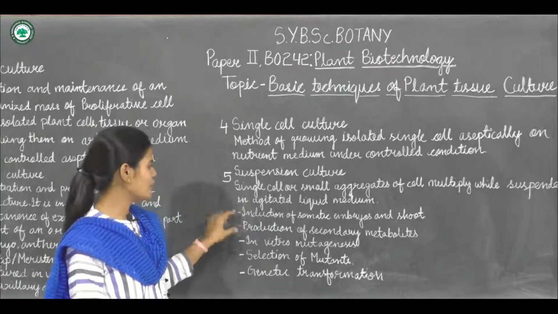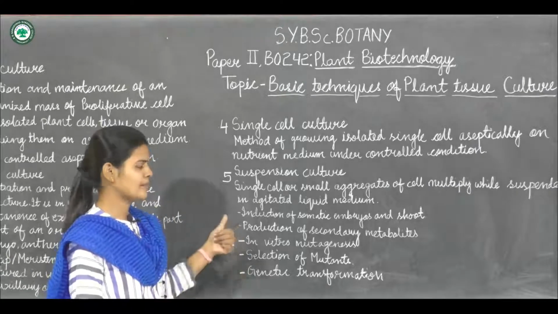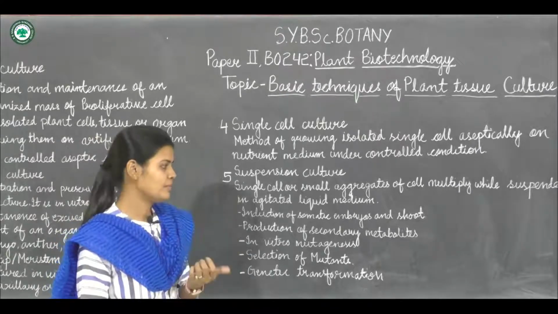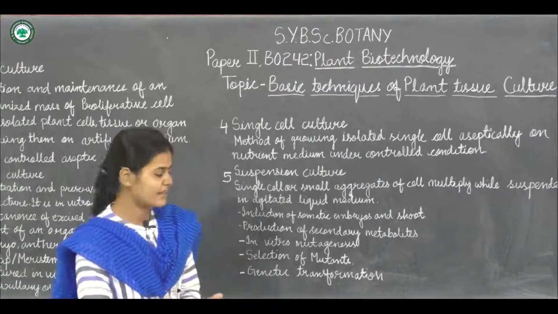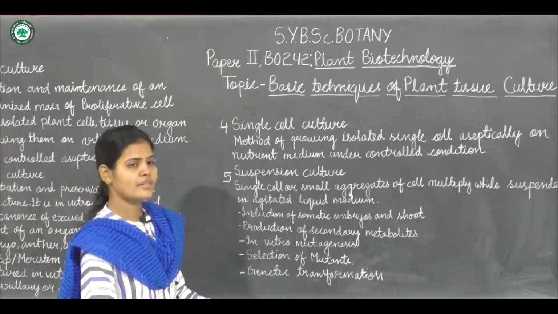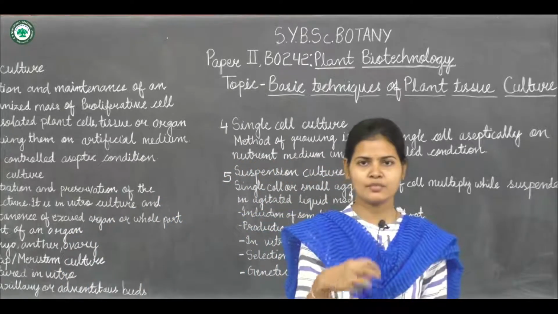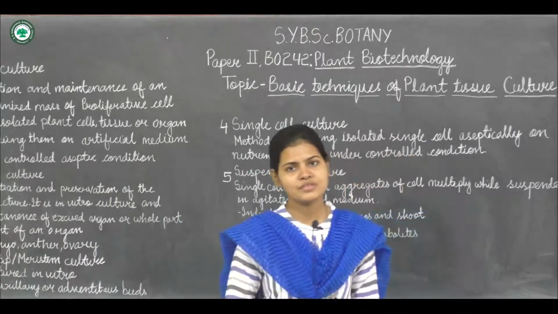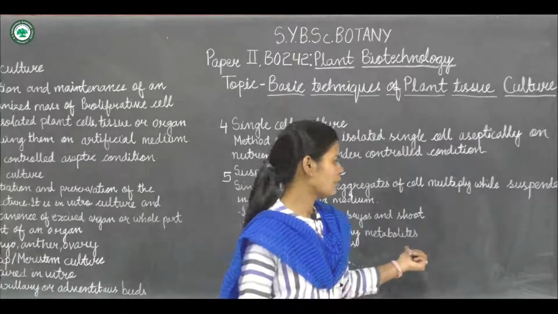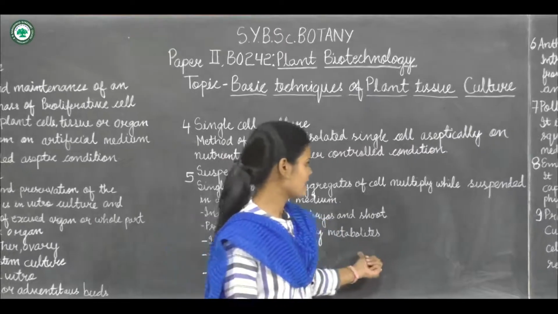When our aim is to get all these things, we allow them to be done in a suspension culture, where the media is in a suspension form. Here the growth will be faster, because the aeration is good in suspension culture.